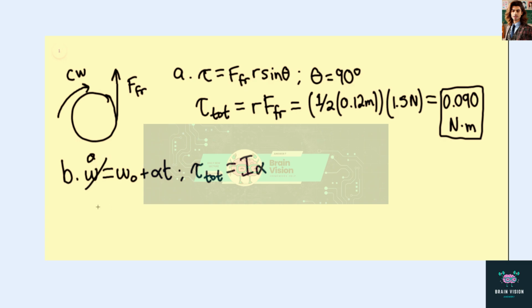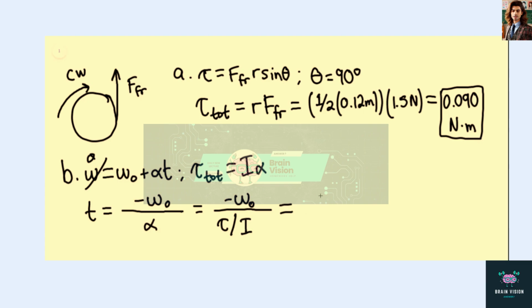And so we can say that t would equal essentially the negative initial angular velocity divided by alpha. And so this would be equal to negative initial angular velocity divided by the torque divided by the moment of inertia I.